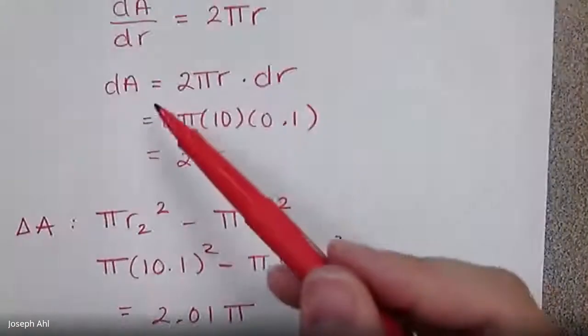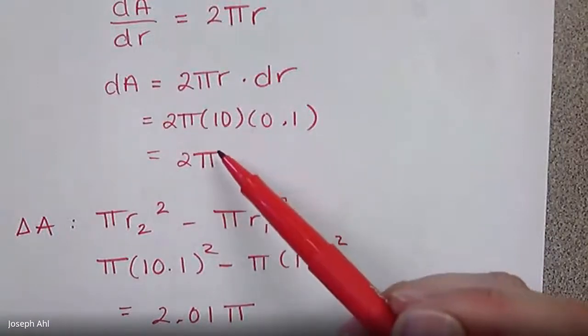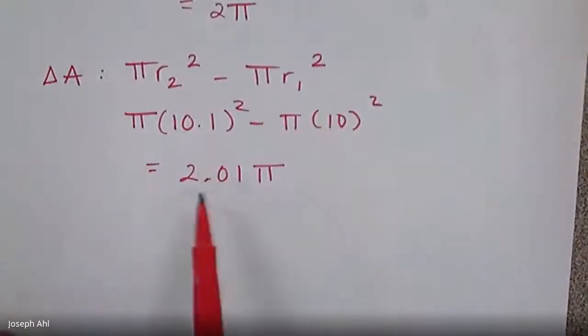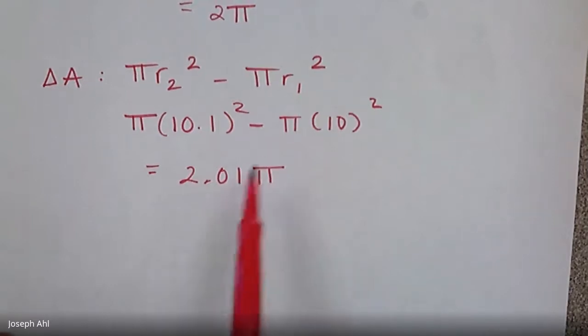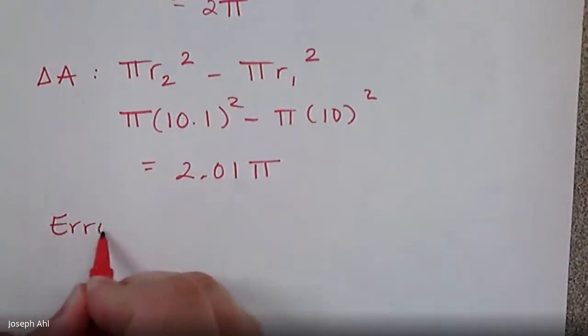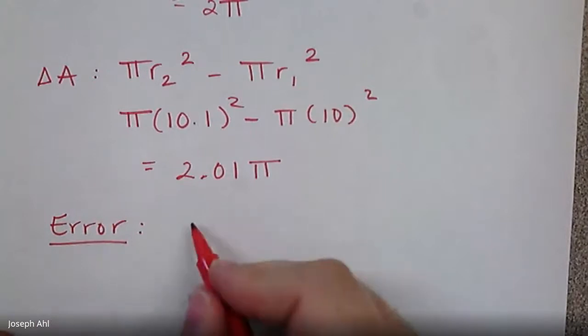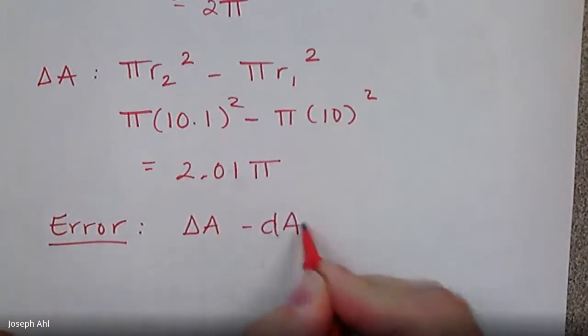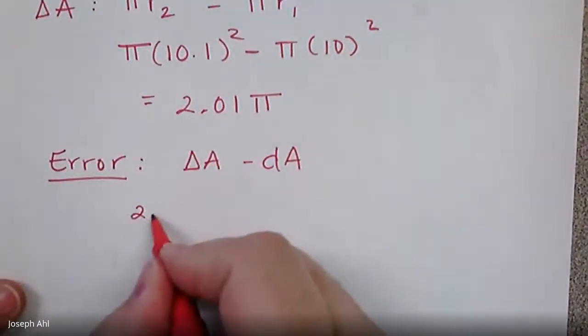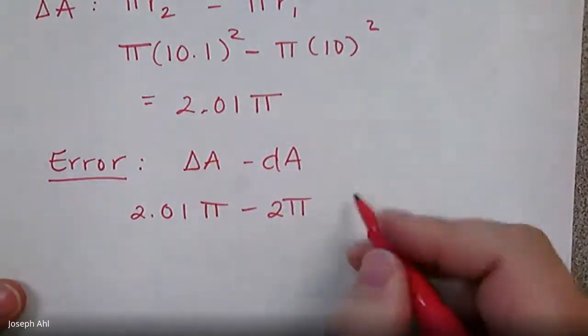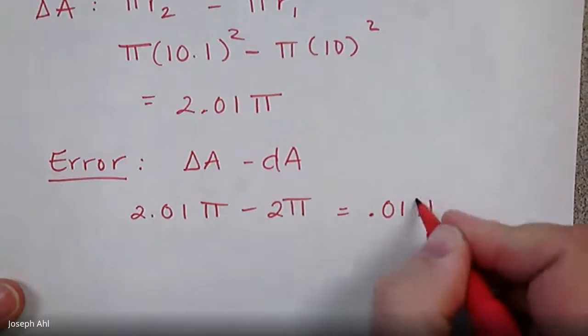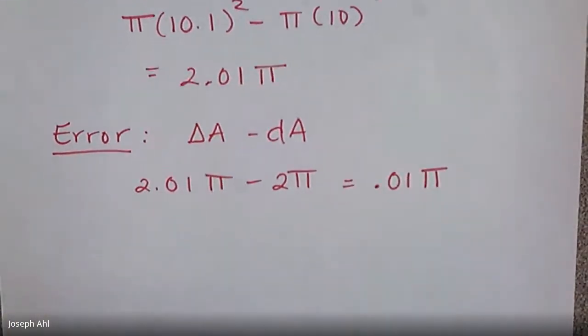So you can see how our differentials up here give you something super close to what the true delta A is. So then, of course, in our comparison, we can talk about what the error is. The error would be delta A minus our dA. So the error is 2.01 pi minus 2 pi, for a tiny error of 0.01 pi.